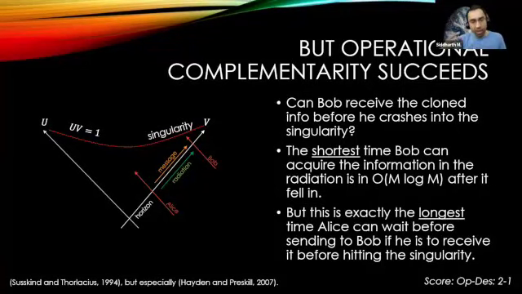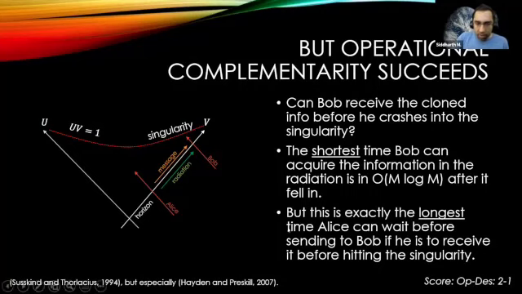So Alice and Bob agree that Alice is going to send the qubit to Bob via a photon after she jumps in, and then Bob's going to wait for the information to come out, and then he's going to jump in after Alice, compare the information that he has received in the radiation with the message that Alice has sent him, and if he can see that the two quantum bits are the same, he would have observed a violation of the no cloning theorem. And consequently, the operational principle would be false.